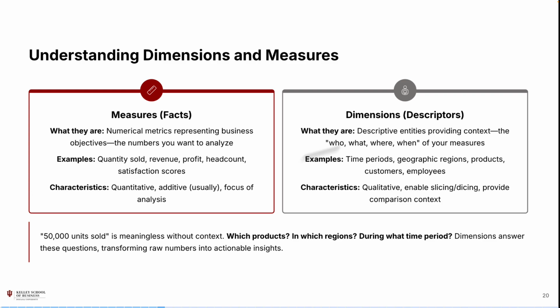On the other side, dimensions or descriptors are the descriptive entities that provide the essential context, the who, what, where, and when of your measures. Examples include time periods, customers, or regions. They enable slicing, dicing, and comparison. So remember, 50,000 units sold is meaningless without the dimensions to provide the context.